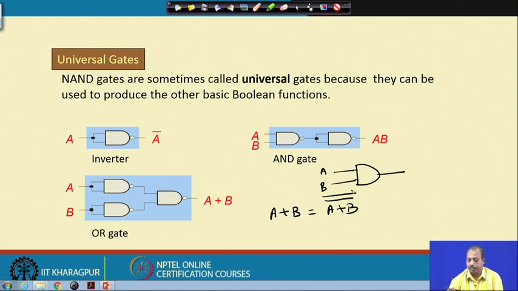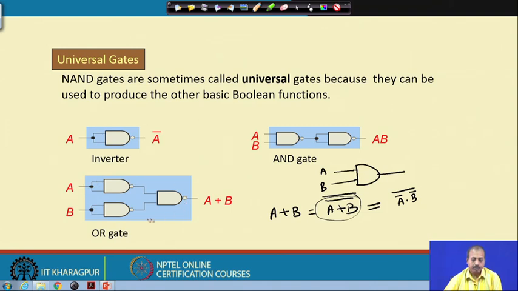That way I am taking the complement twice, so as a result this will give me back A plus B. Now, if I apply De Morgan's law on this part, this will give me A bar dot B bar and this whole bar remains as it is. So, this is nothing but NAND of A bar and B bar. You take the NAND of A bar and B bar, and for getting A bar from A, you use one NAND gate as an inverter, and for getting B bar from B, use another NAND gate as an inverter.